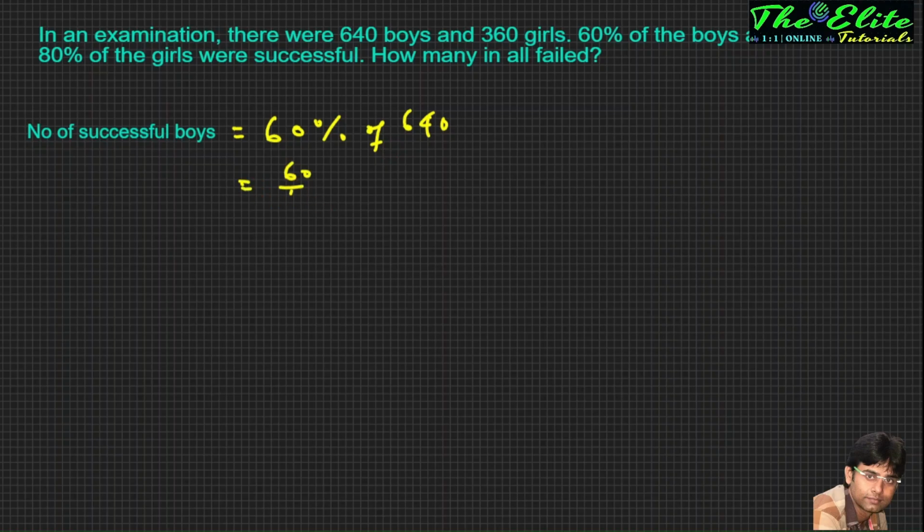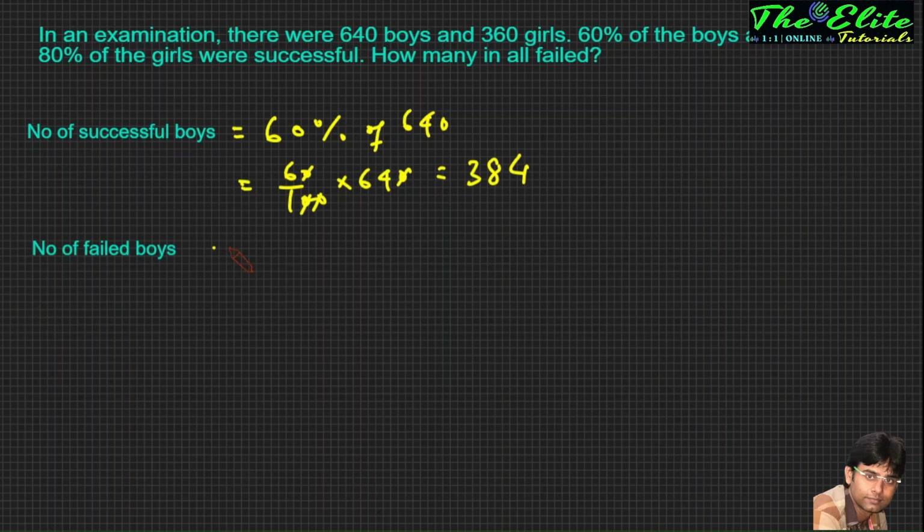It is going to be 60 by 100 into 640. When you cancel these 20 from the bottom, 20 from the top, you will get the answer 64 times 6. 4 times 6 is 24 and 2 is carried over. 6 times 6 is 36 and 2 will give 384. So the number of successful boys is 384. You also have to know the number of failed boys.